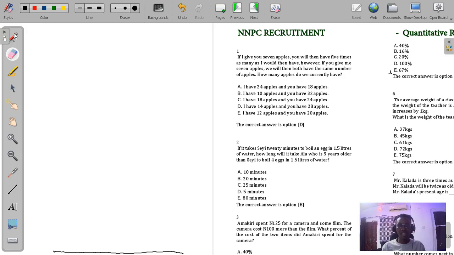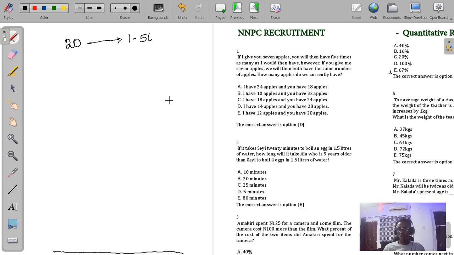This question here says, if it takes Shay 20 minutes to boil an egg in 1.5 liters of water, that means it takes Shay 20 minutes to boil 1.5 liters of water.